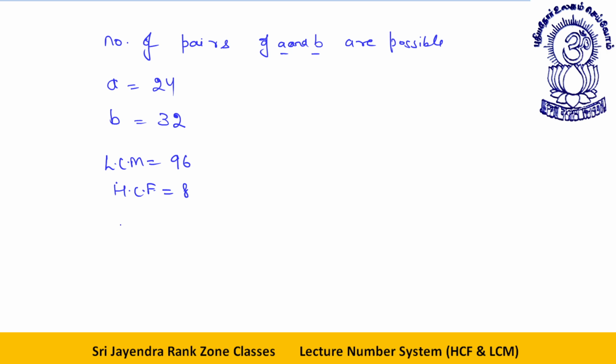From here, what I want to show is, students, now what I'm writing is important. You mark it. H divides both A and B, first thing. Then L is divisible by both A and B. Why?